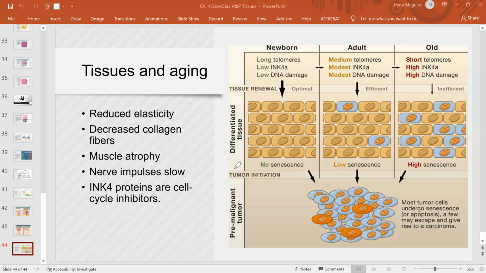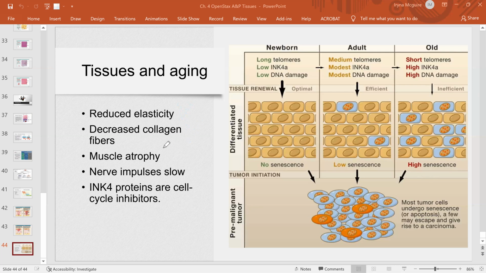So also you can see that more and more as tissue ages, cells go through a process that's called senescence. So it's very high senescence, and senescence is like apoptosis. So more and more cells just pretty much die. Also, in older age, we have reduced elasticity of tissue and decreased collagen production.